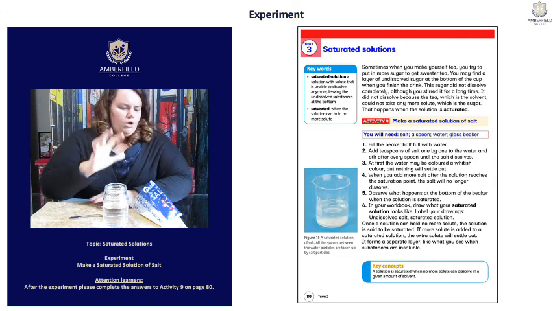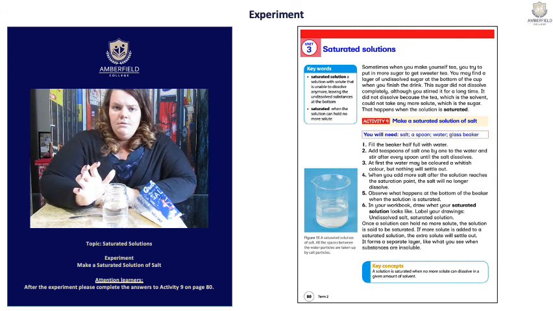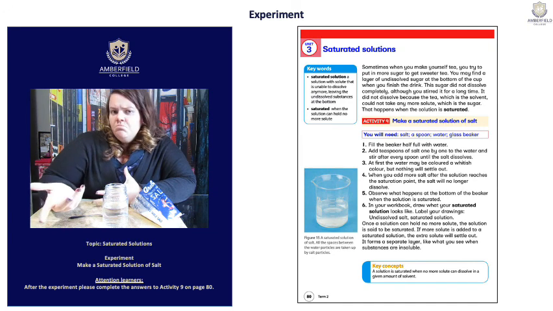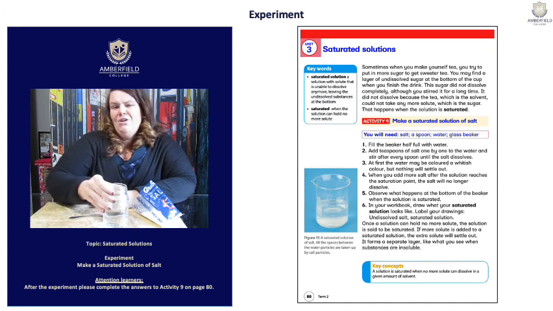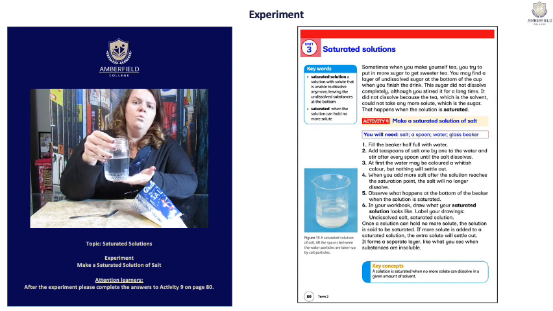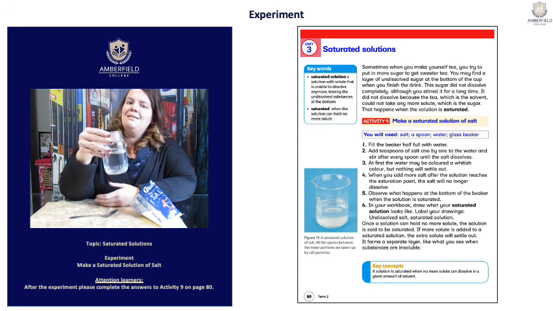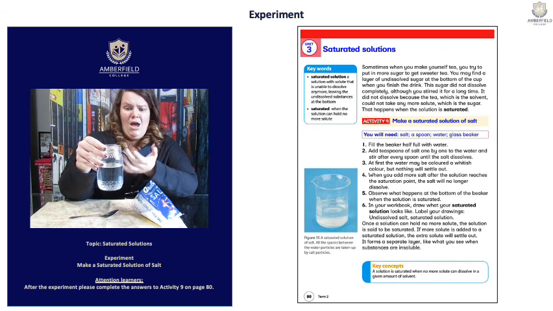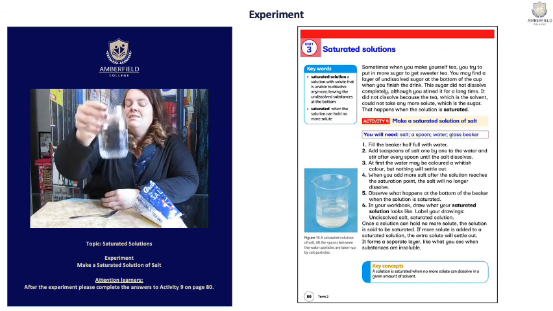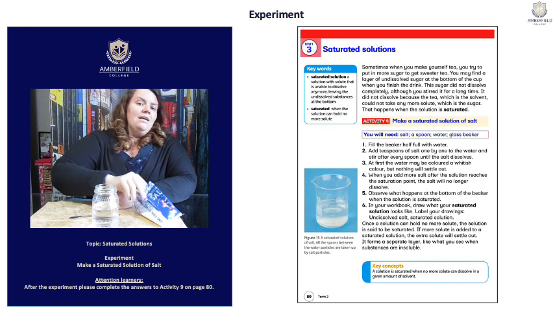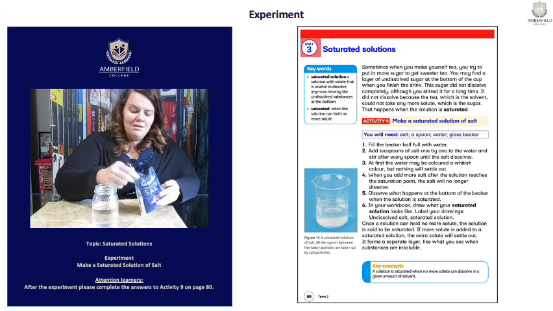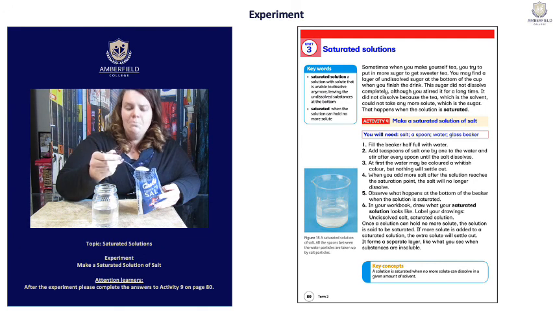So what we are going to do in this experiment is we're going to test saturation. Now, we know that here we have water, so it's a liquid, and this is not a mixture at all. It's just a substance. And here we have salt, which, remember grade 6s, is just a substance.